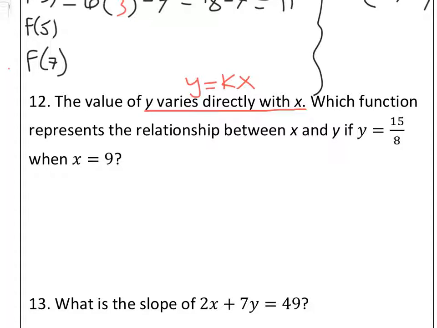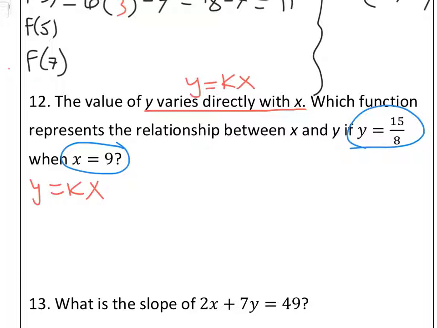Okay, and so when we want to write a function or an equation that relates the y and the x, first we need to find the k. So that's where the value of y equals 15 over 8 and x equals 9 come into play. So we're going to rewrite this equation, y is equal to kx, but instead of the y and the x, we can plug in what we know.